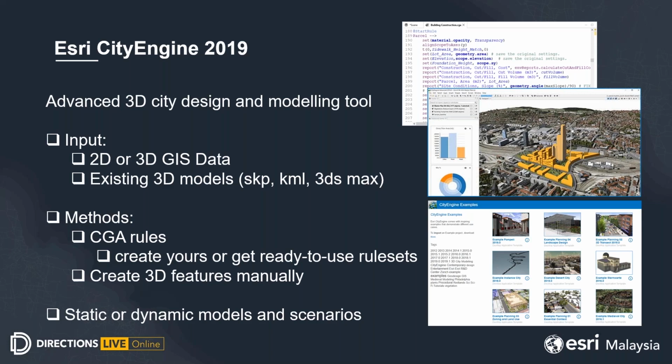Say you can report on things like gross floor area, floor space ratio, and a few other things, which is useful in modeling and design. So you could use a dynamic scenario.